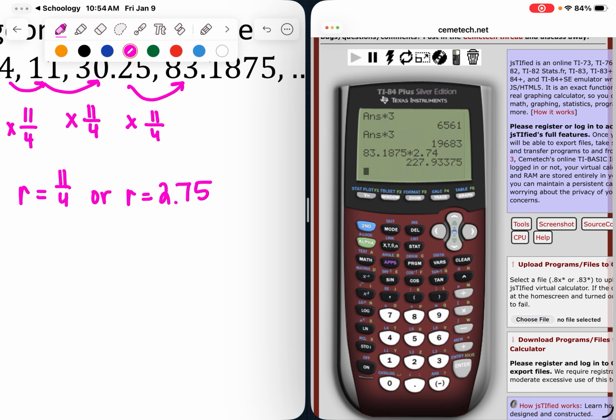Second enter, go back, change that to a 5.